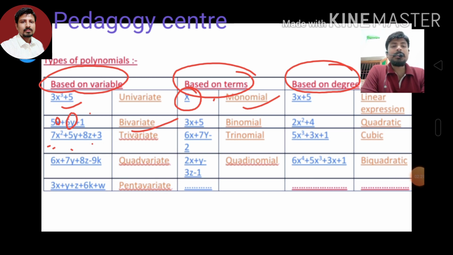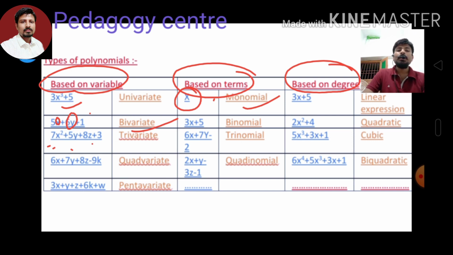If any polynomial expression has three terms, it is called a trinomial. For example, 6x plus 7y plus 2 contains three terms: 6x is one term, 7y is the second term and 2 is the third term. So it is a trinomial. If any expression contains four terms, that is called a quadrinomial expression.